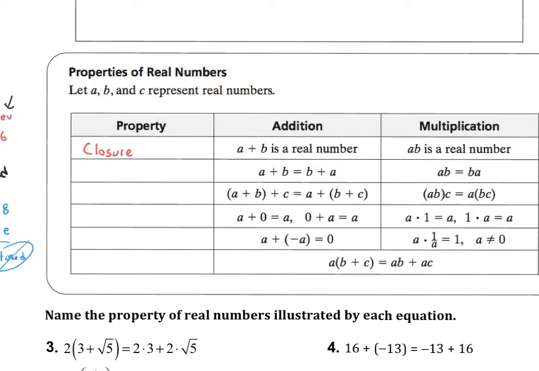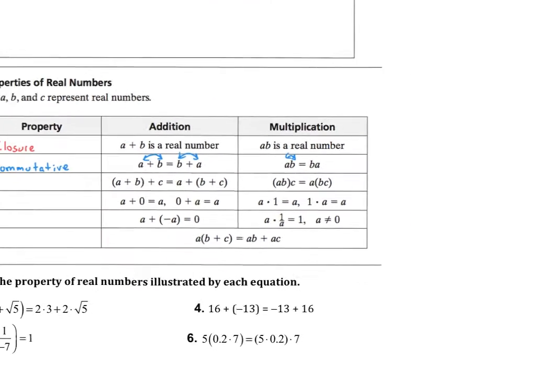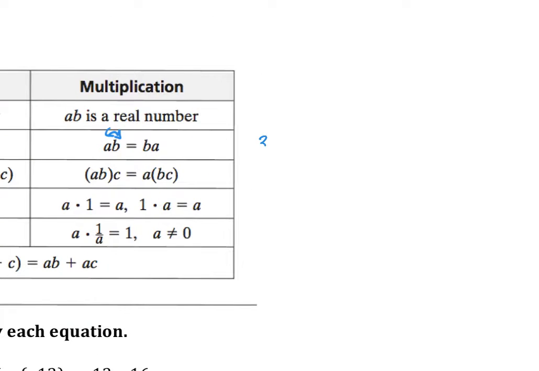The next one is called the commutative property. More specifically, the commutative property of addition says that you can switch the order and the value will be the same. Same thing here, switching the order: A times B, B times A. An example of that: we know that 3 times 4 is the same value as 4 times 3.